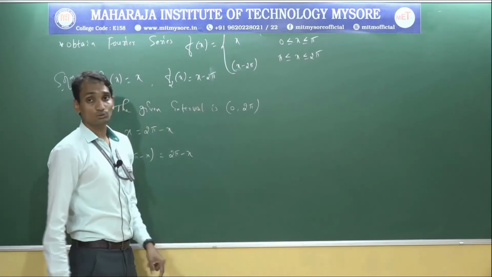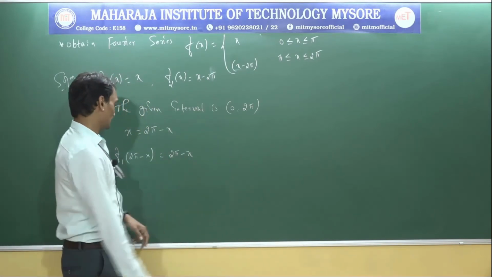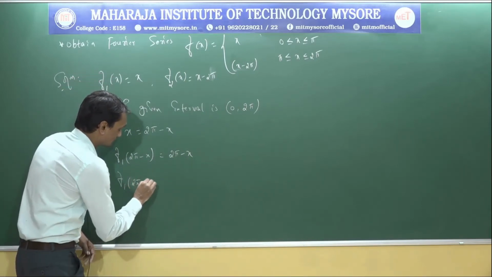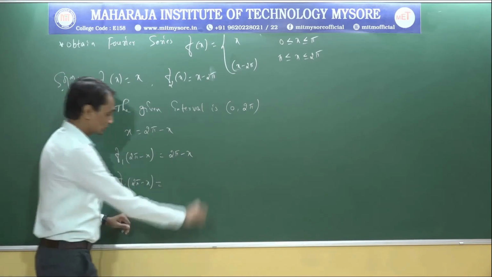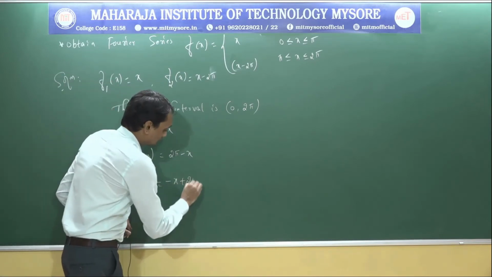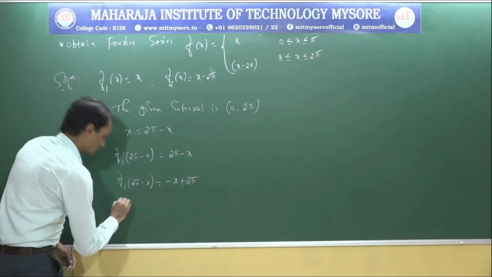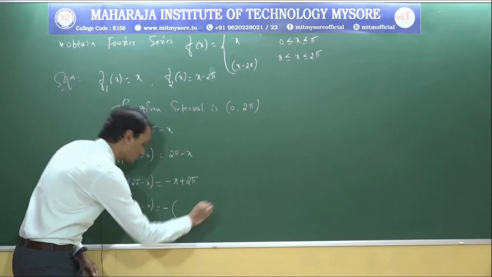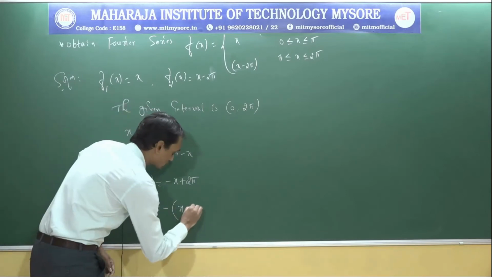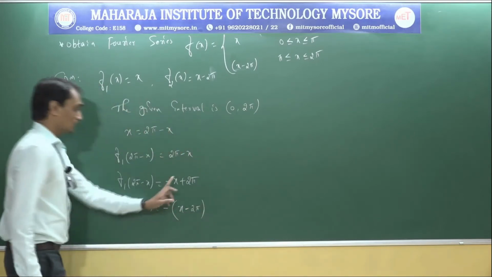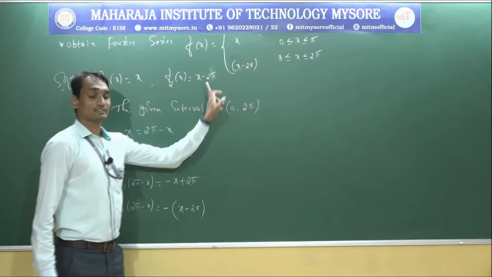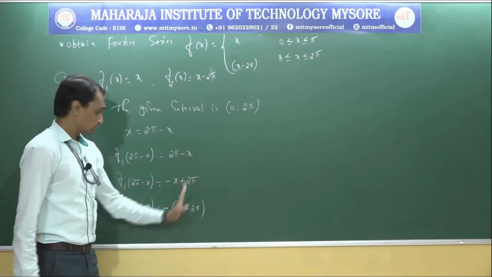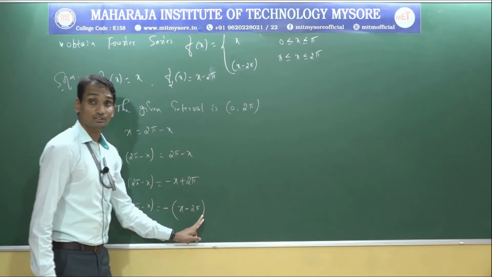Now here x minus 2 pi is there, so I will interchange these two values. So f1 of 2 pi minus x equal to minus x plus 2 pi. If I take minus outside, this becomes x minus 2 pi, because the given question has x minus 2 pi.